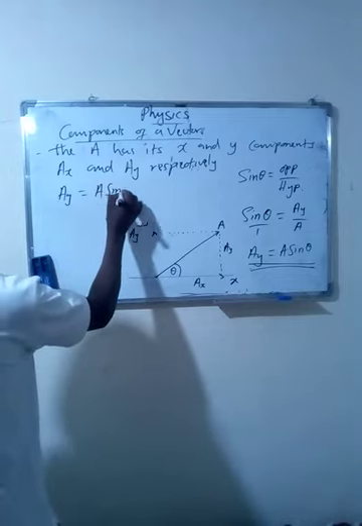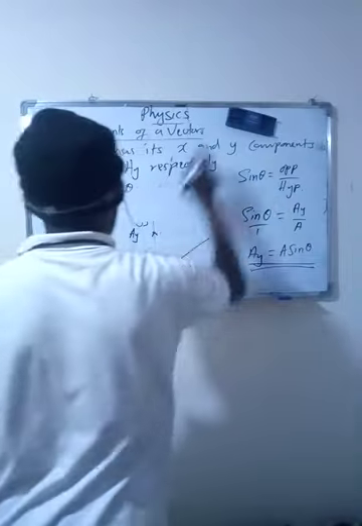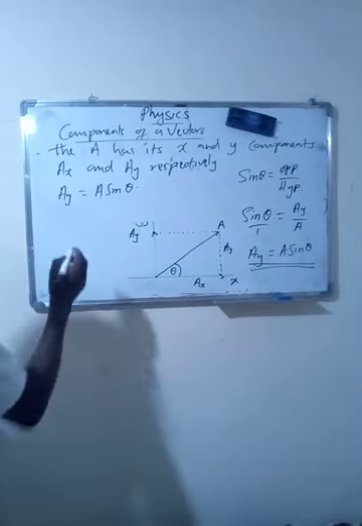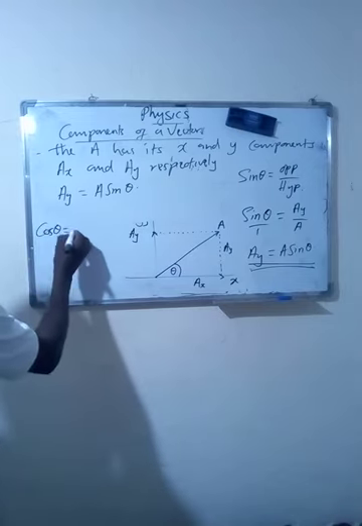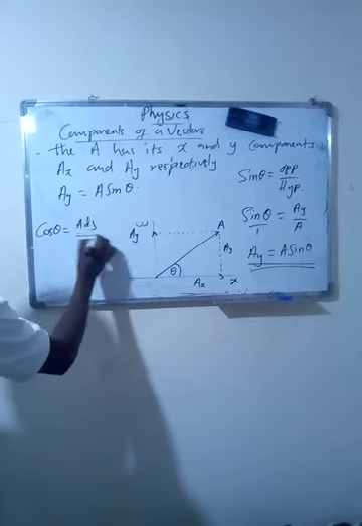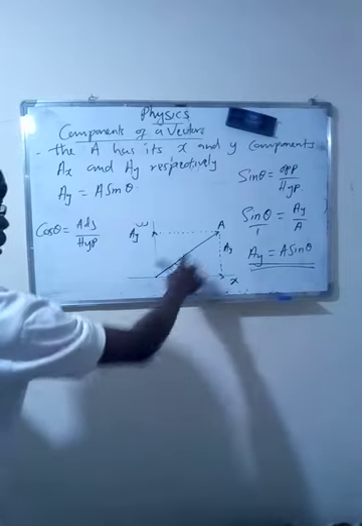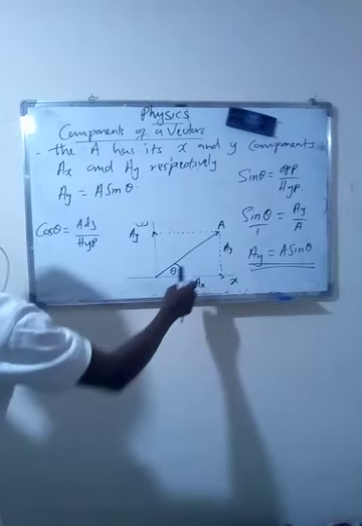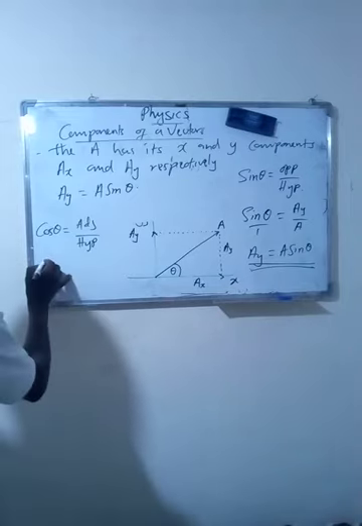Then let's look at the x component. I'm going to work it out from this side. For the x component, we go to cosine. You know that cos theta is equal to adjacent over hypotenuse. If you look at the triangle, the angle is right here, and ax is going to be our adjacent. So cos theta is equal to ax divided by the hypotenuse, which is a.